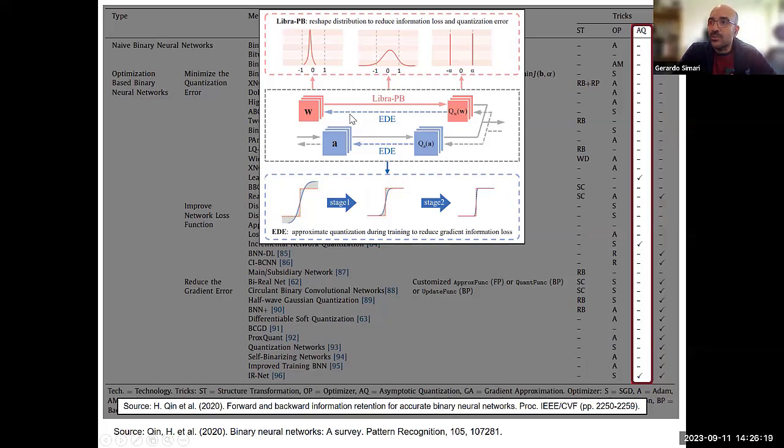You can essentially reduce the precision in steps. We'll see this in a bit in the next one, because this is from the paper where they do both adaptive quantization and gradient approximation.